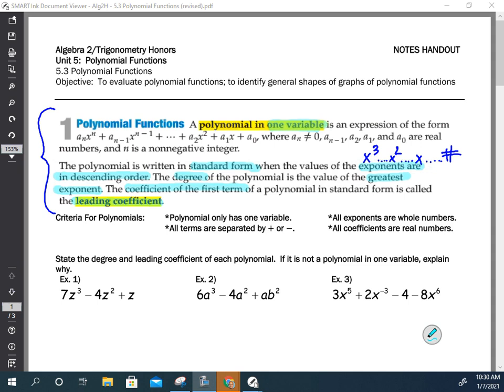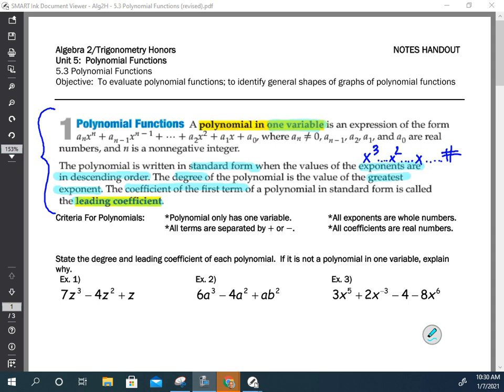So that's what the leading coefficient is. You'll have to know how to identify the degree, identify the leading coefficient, and tell whether something is a polynomial.